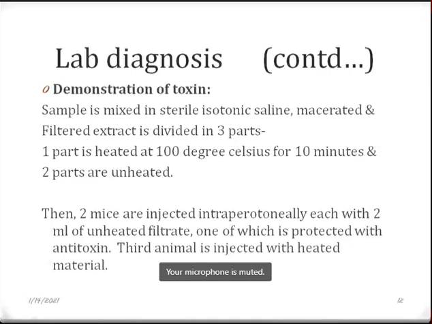Then we have to take three mice in total. Two mice are injected intraperitoneally. Remember, we have to inject intraperitoneally.